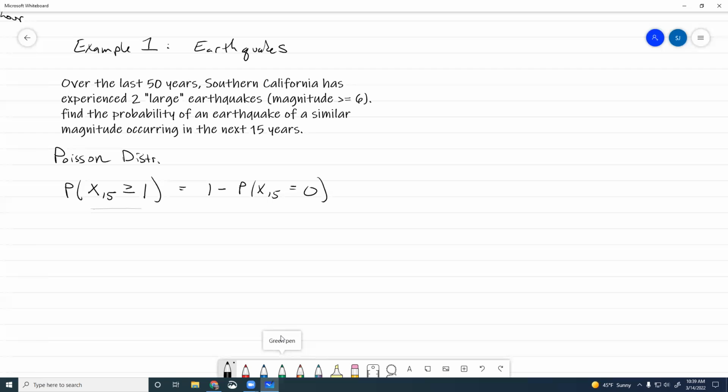Now, before we get into this, we need this rate parameter nu. What's that equal to? Based on the information we have, what's our rate?